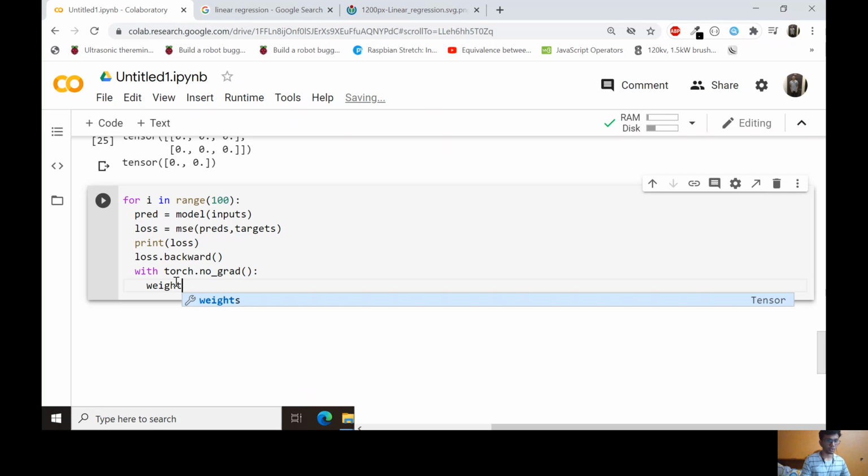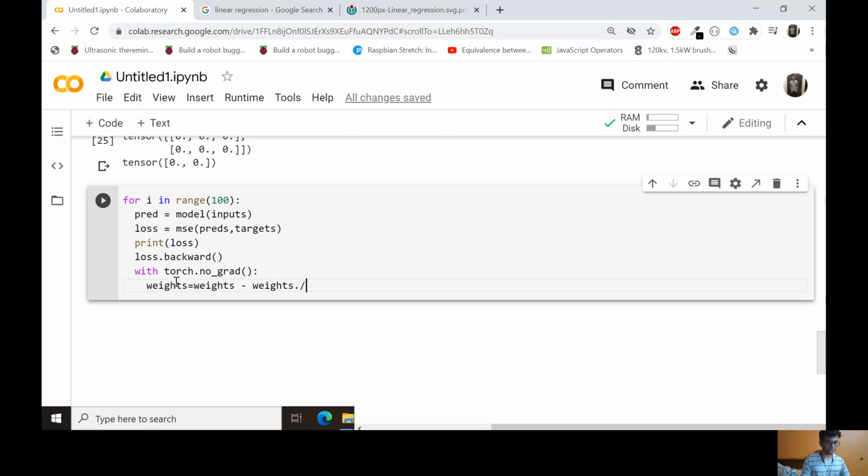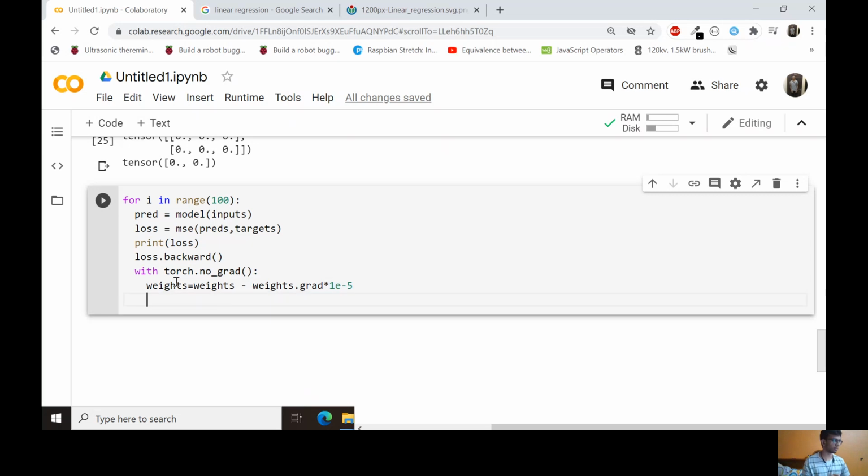The new weights is weights minus weights dot gradient times 1e minus 5. This is the smallest value that I have chosen so that it might not change the original weights drastically, but only a few minor changes will be more than enough.